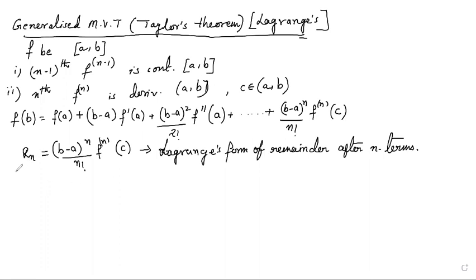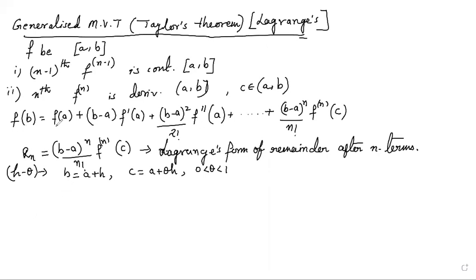Now if I go for the h theta form, what will it be? b is replaced by a plus h and c is replaced by a plus theta h, where obviously 0 is less than theta less than 1.